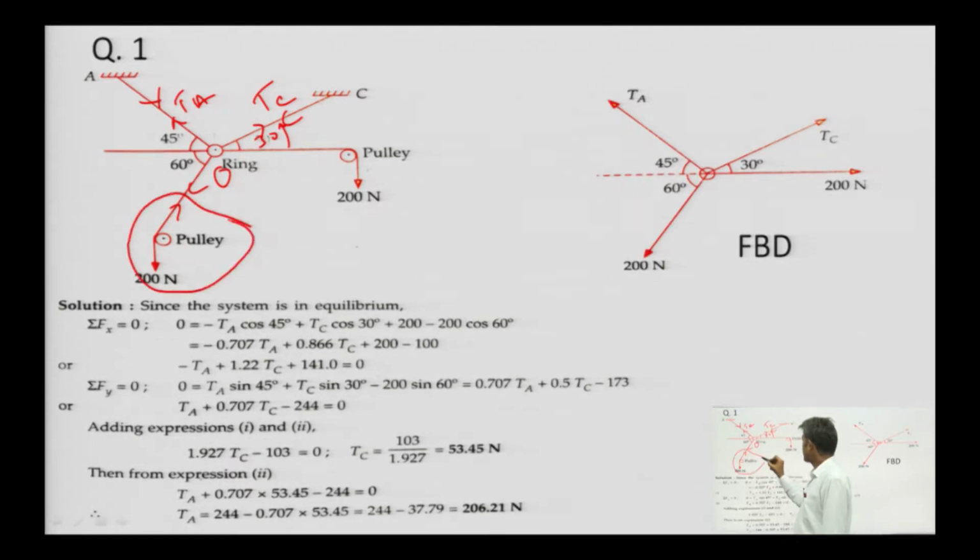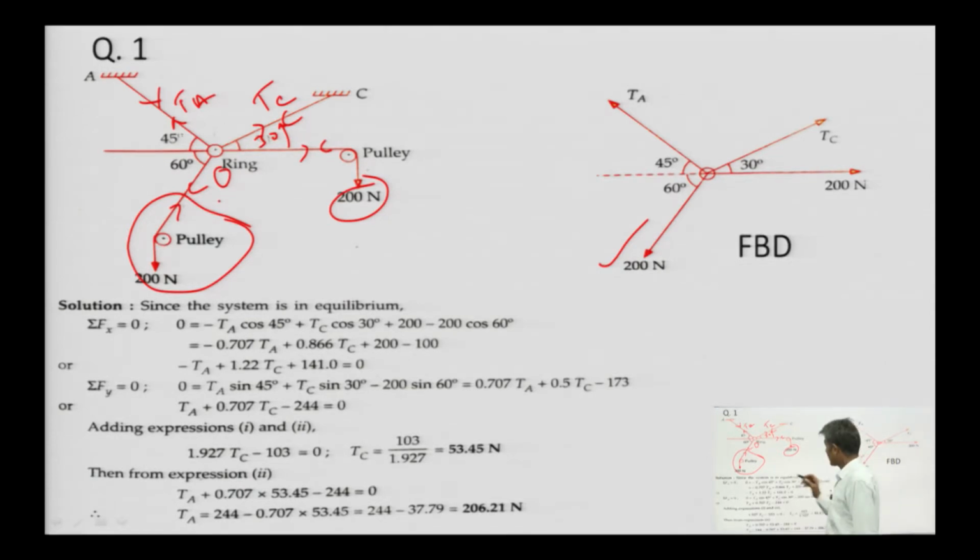With the help of the free body diagram, we can conclude that the tension in this string will be 200. Why 200? Because the pulley is frictionless. So, this is 200 and this same tension will be transferred over here.